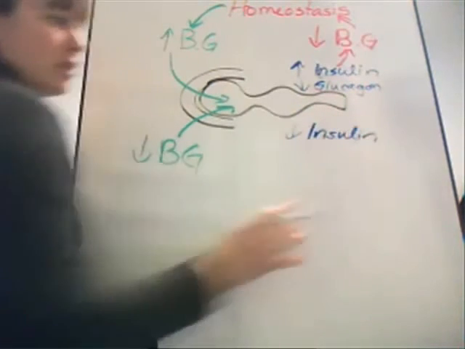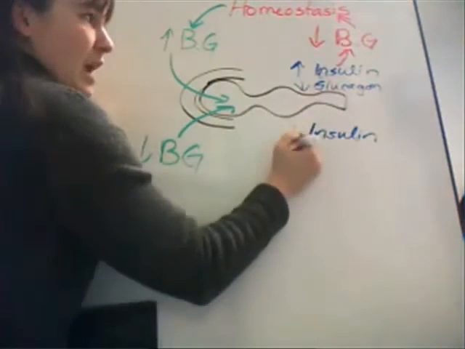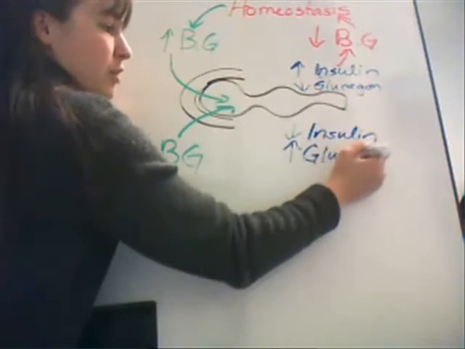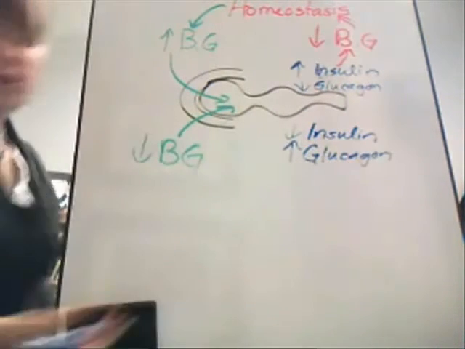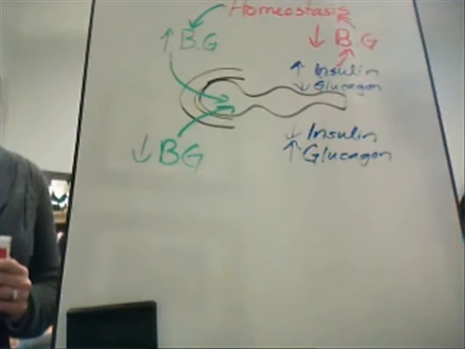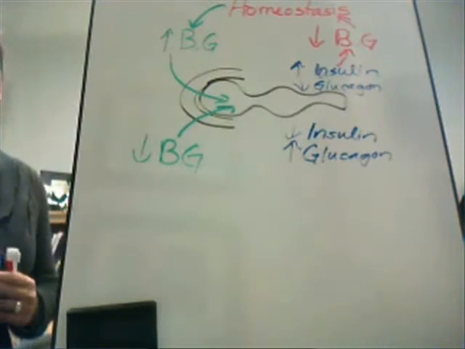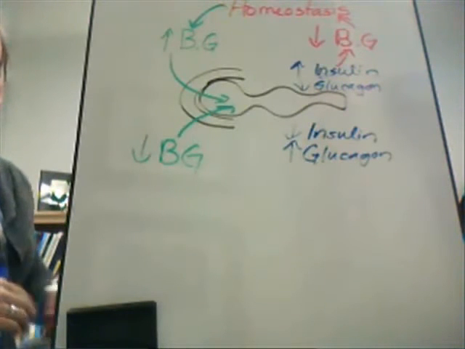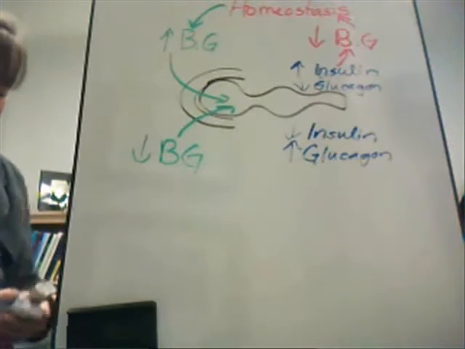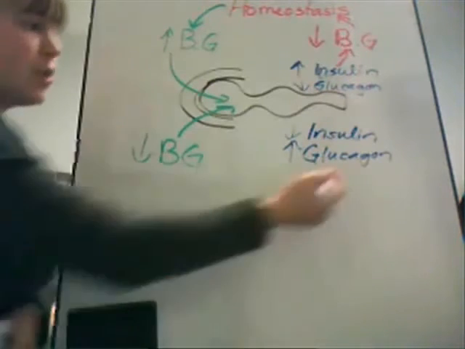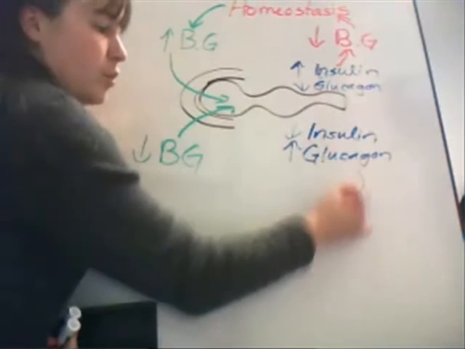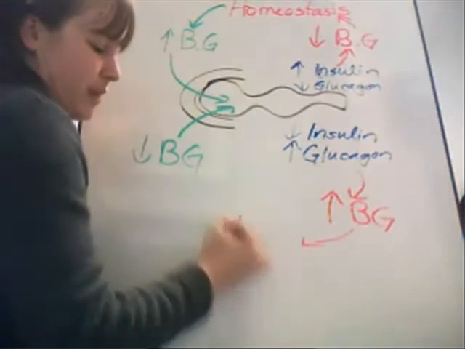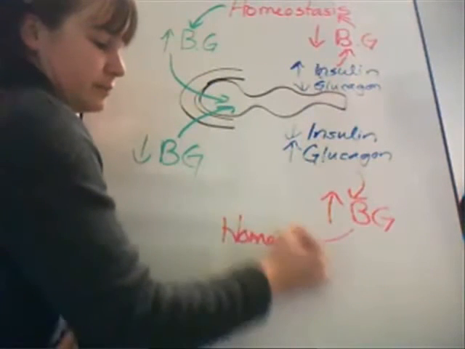The beta cells are going to stop producing insulin, and the alpha cells are going to pick up their production of glucagon. When glucagon levels elevate, they target the liver to begin secretion of glycogen, and that's going to liberate some glucose into the bloodstream, so my blood glucose levels will rise, and those blood glucose levels will bring me back to homeostasis again.